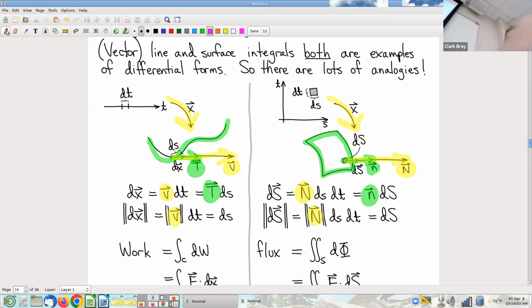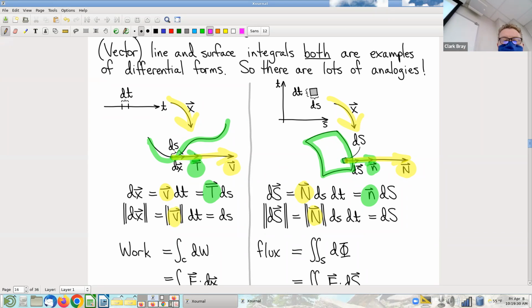Now, again, in both cases, there is a single vector that describes what I like to call everything you need to know about your corresponding piece of the domain.